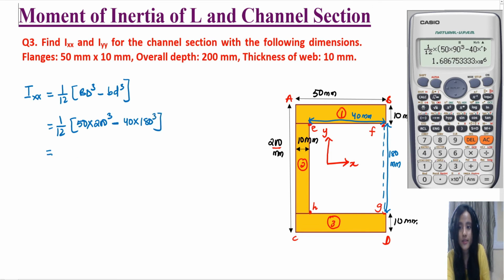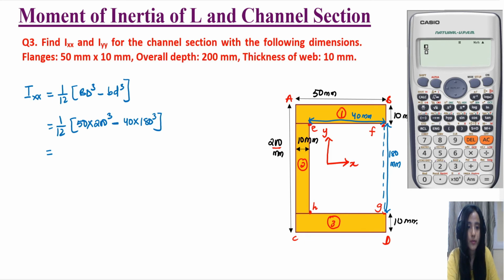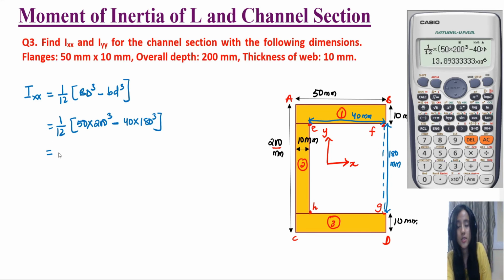So let us find Ixx. It will be 1 by 12 into 50 into 200 cube minus 40 into 180 cube. So my Ixx is coming 13.89 into 10 raised to power 6.